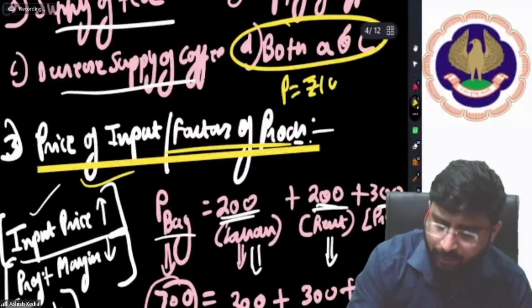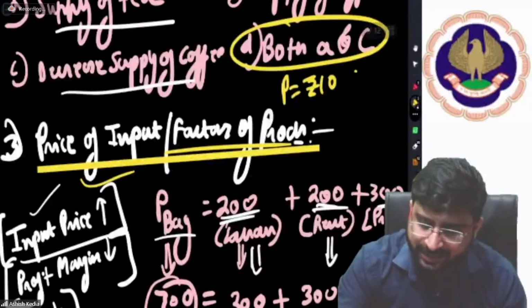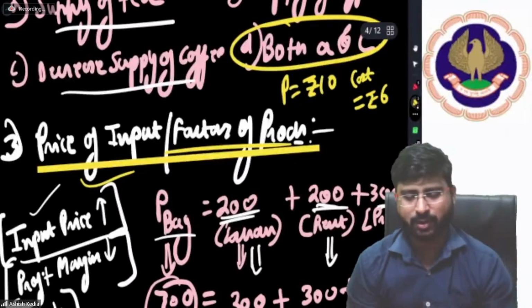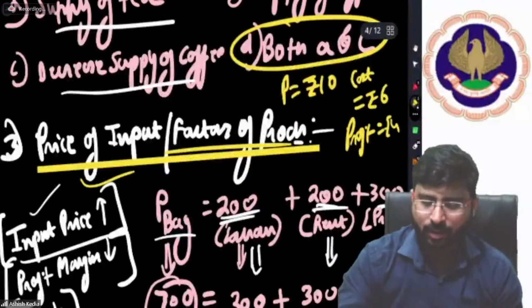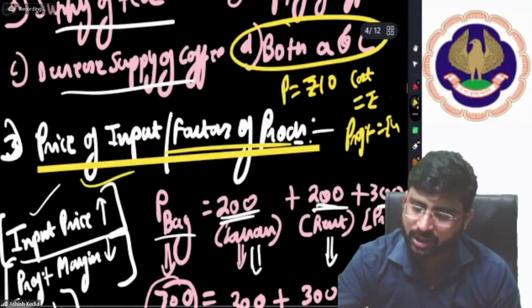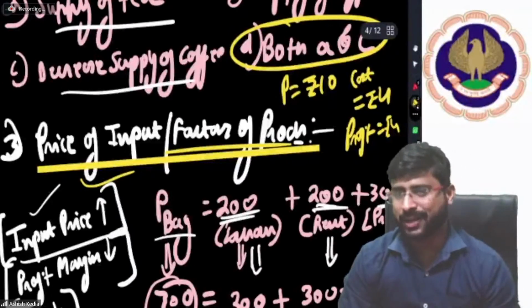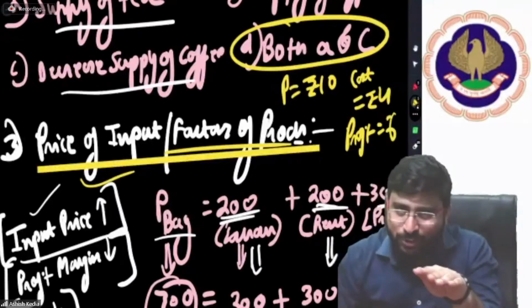When price is rupees 10, so sir, what is the profit margin? But now you will tell me one thing, guys. If let's say the cost is reducing from rupees 6 to rupees 4, because price remains constant.